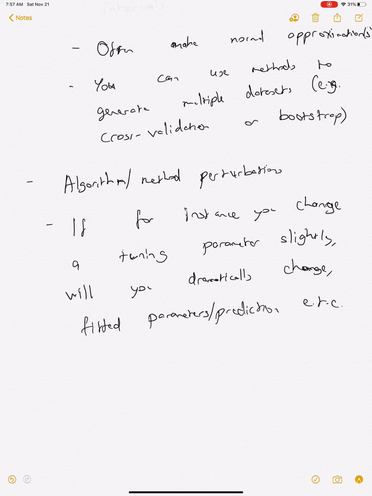Okay, so data perturbations are really when you sample the data and you get a slightly different data set. It's very similar but slightly different. Does that massively change things? And the other one that you can think about is algorithm or method perturbations.